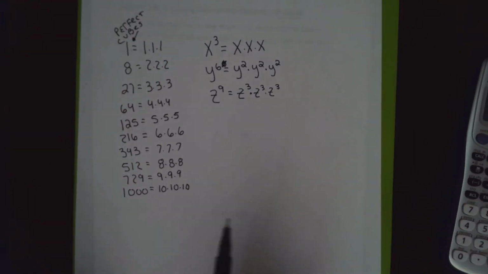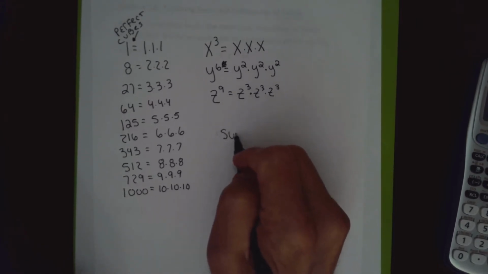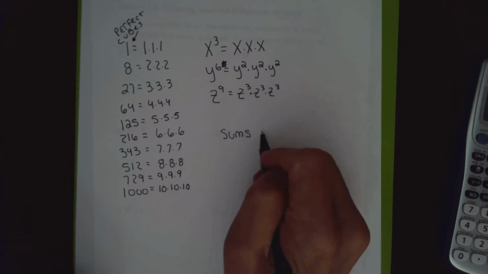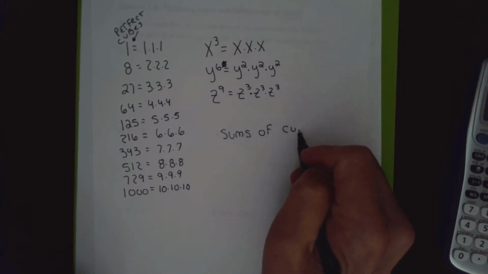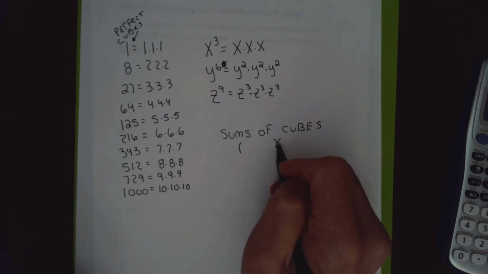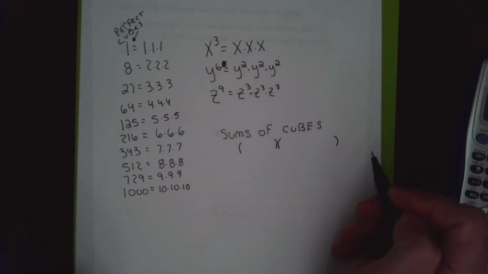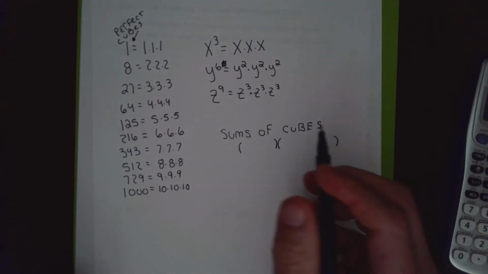In the world of cubes, it turns out that both sums of cubes and differences of cubes factor. If I can identify something as a sum of cubes, it's going to factor, and there's an odd looking template for it to factor. The first parenthesis has 1 sign and 2 terms. The second parenthesis has 2 signs and 3 terms.